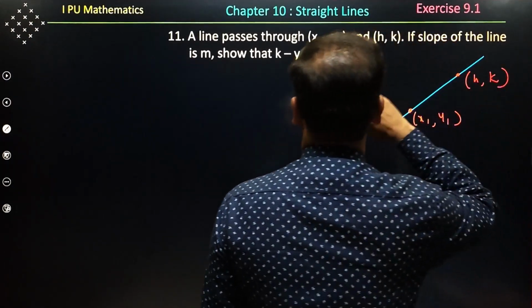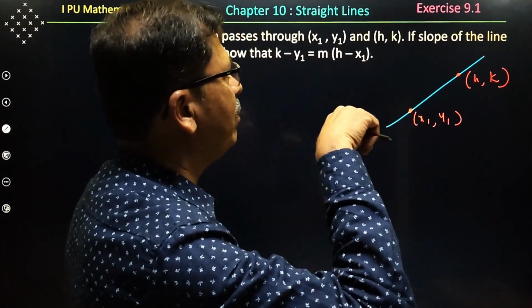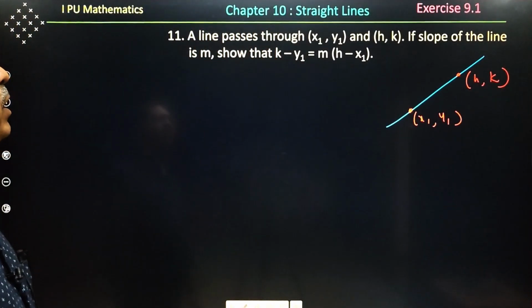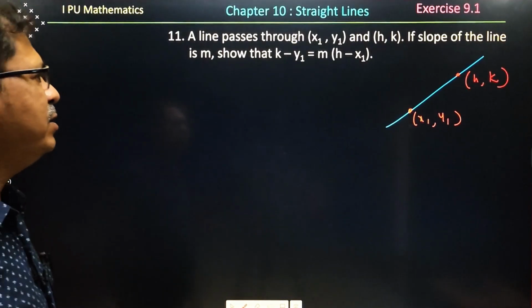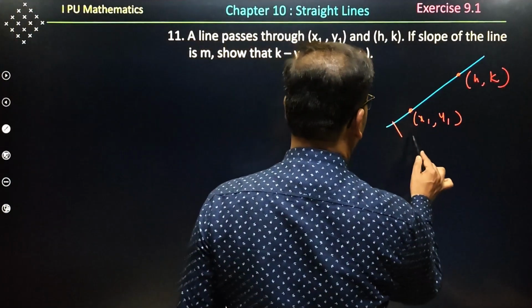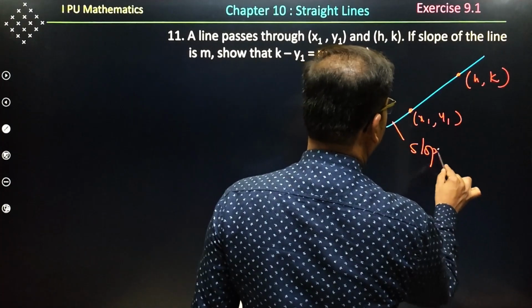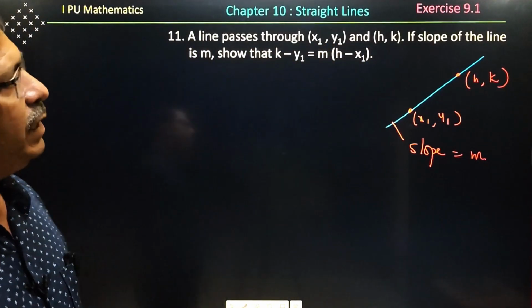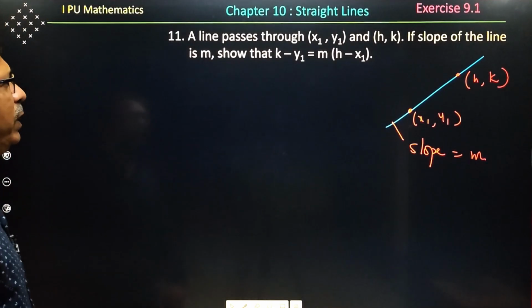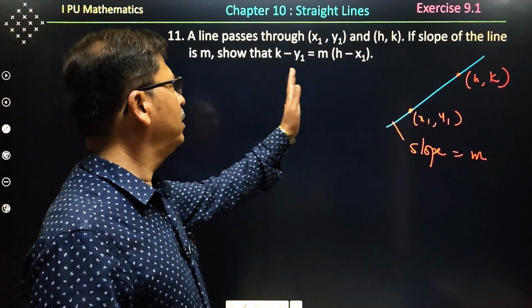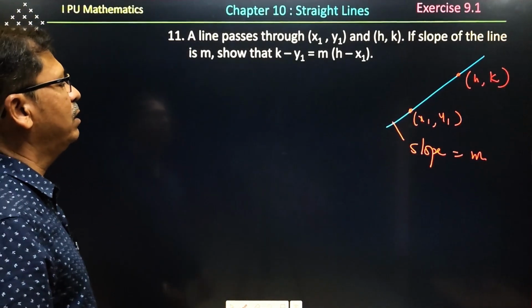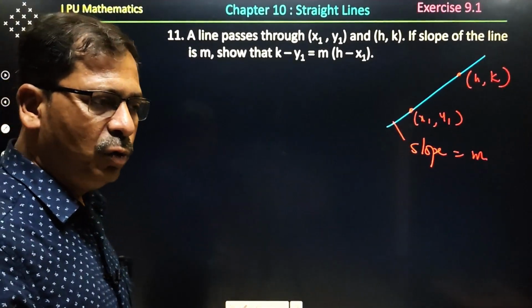If the slope of the line is given to be m, the question is to show that k minus y1 is equal to m into bracket h minus x1. This is what you need to prove.